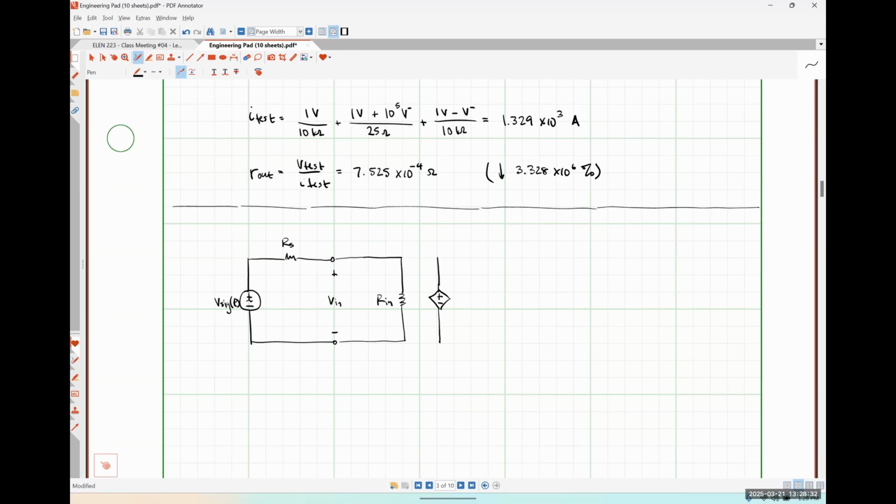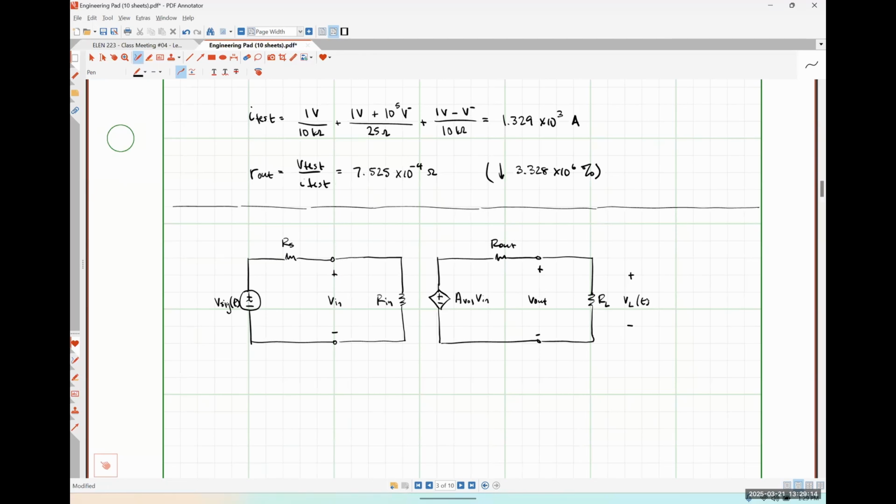Now I'm working on the output side, so we would have had AVOL times Vin. Here's our output resistance. Here's the output voltage of our amplifier. And then we had our load over here, RL, and this is the voltage drop across our load as a function of time.